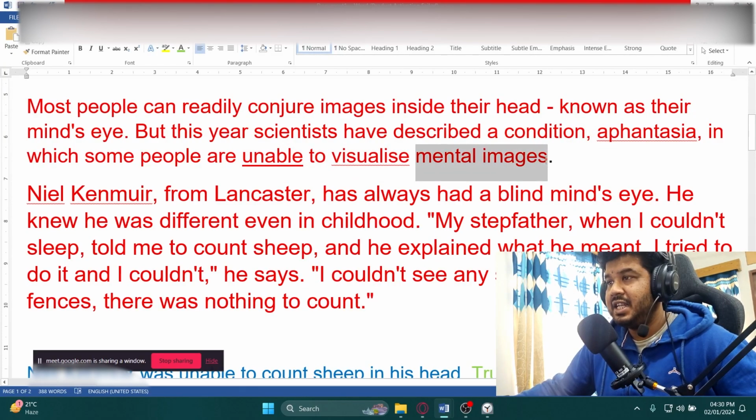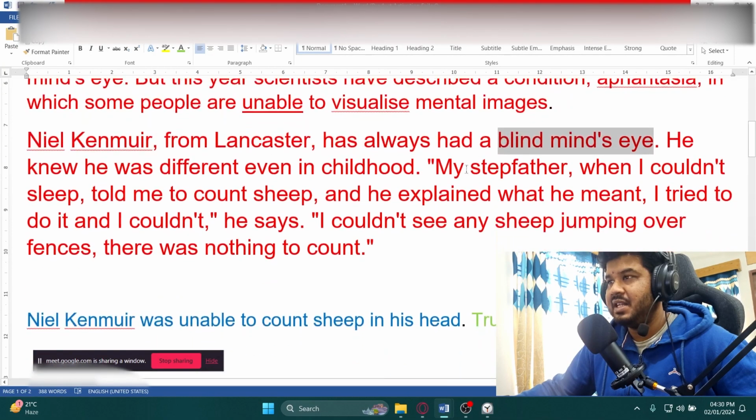So this mental images, when you visualize, basically it's called a blind mind's eye, which basically means you are unable to visualize images. So in this case, this guy, Neil, when he couldn't sleep, his stepfather told him to count sheep, and he explained what he meant. I tried to do it and I couldn't. I couldn't see any sheep jumping over the fences. There was nothing to count.